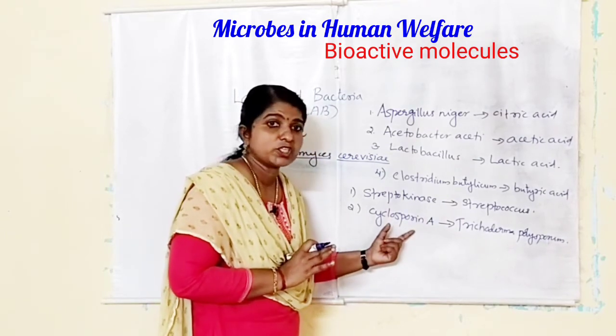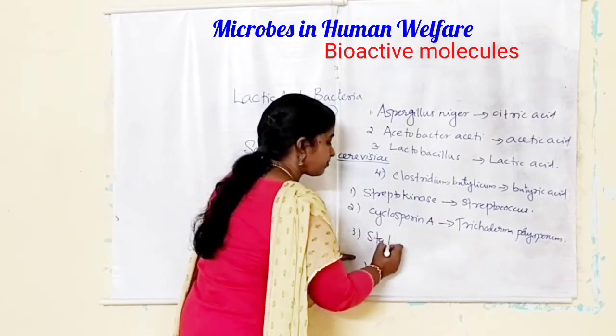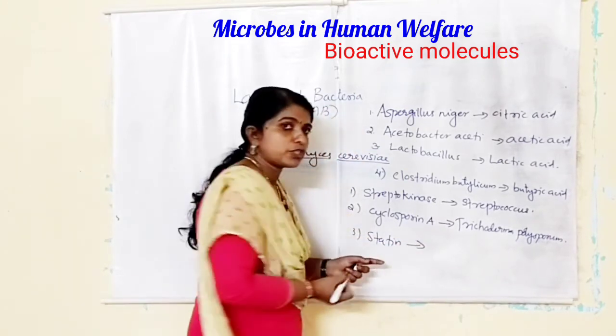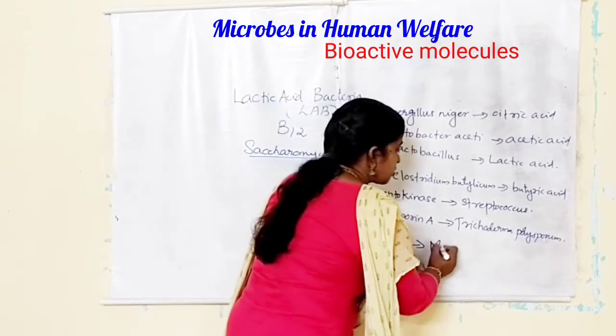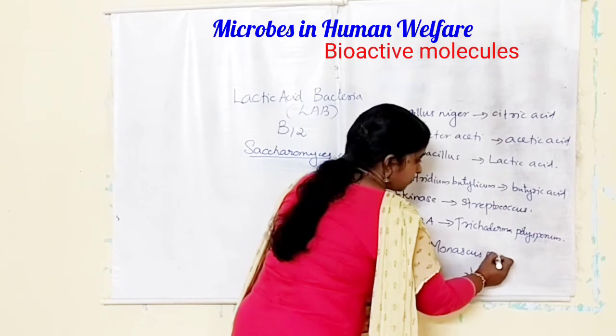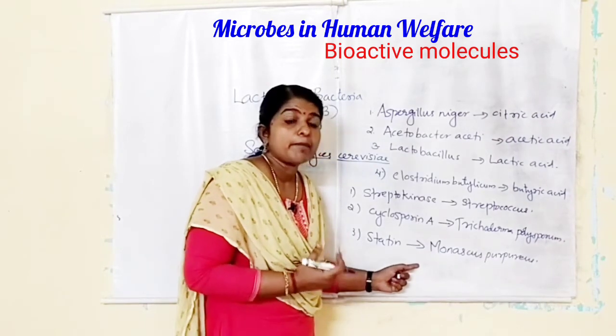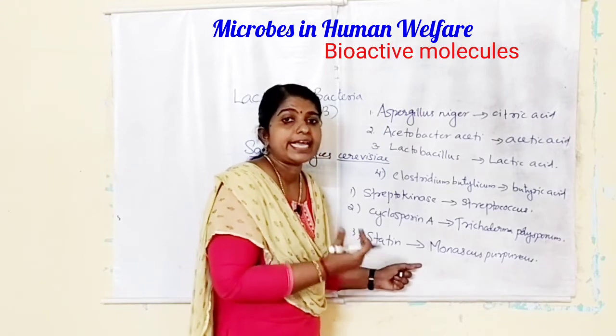Okay, immunosuppressive agent. Another one is known as statin. It is produced from Monascus purpureus. It is used as a blood cholesterol lowering agent.